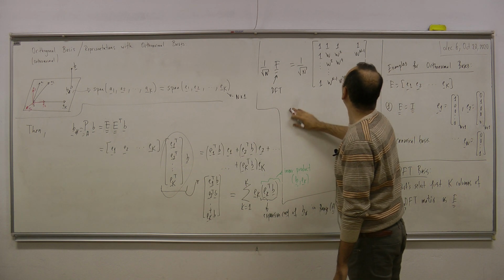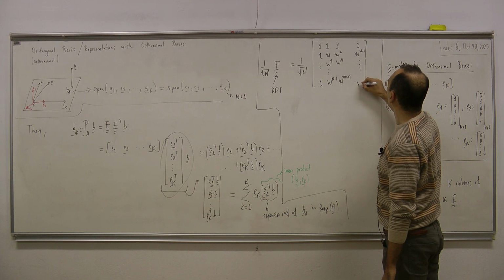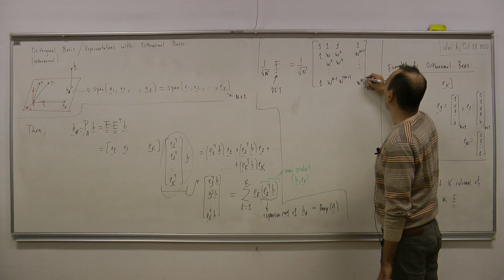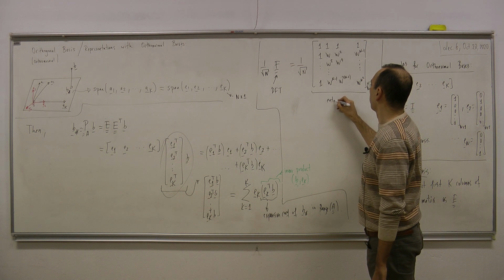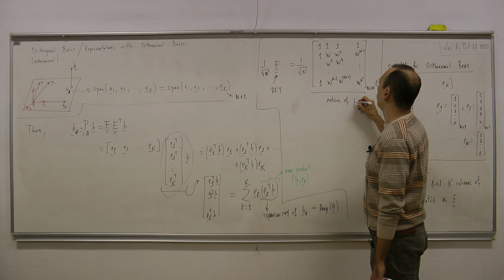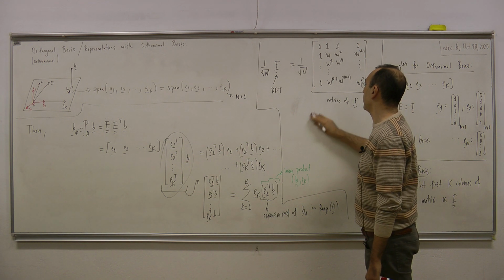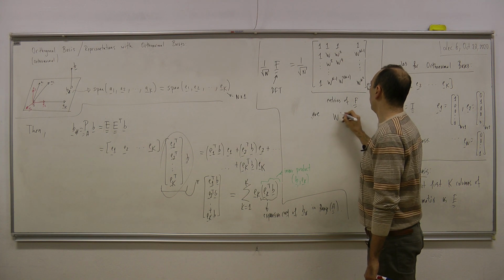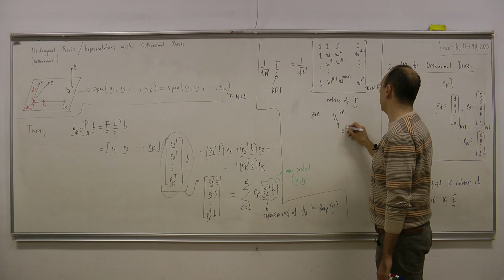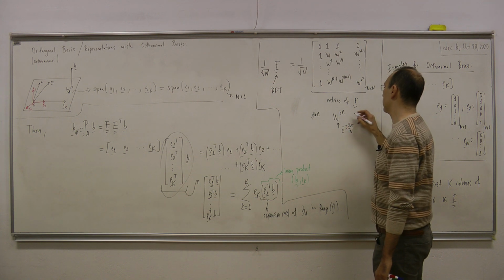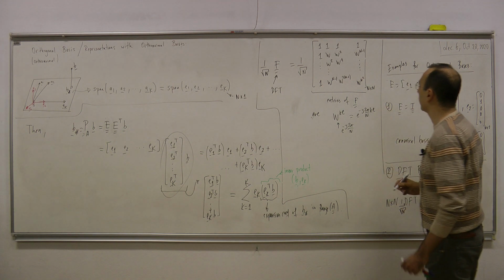This is n by n. So the entries of this matrix F are w to the power kl, and w is equal to e to the minus j 2 pi over n, so I have 2 pi kl over n, okay?